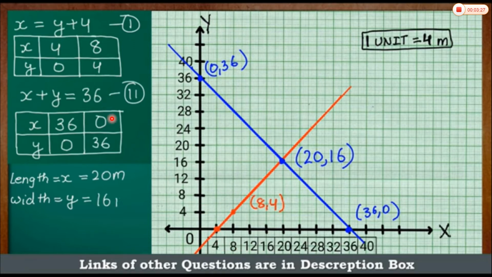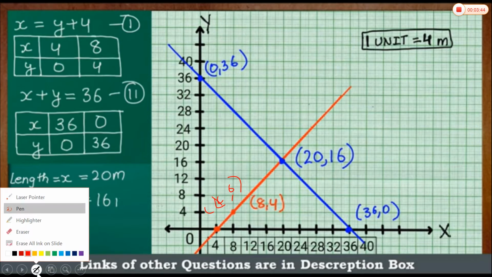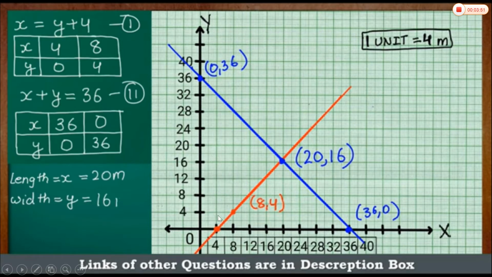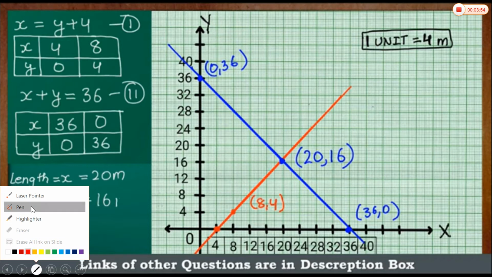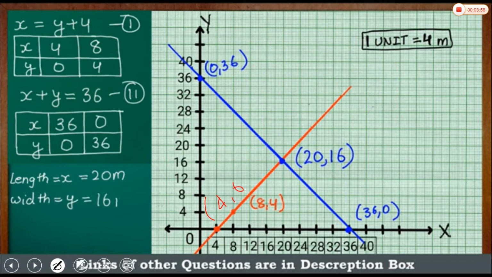So here is (4, 0), and then (8, 4). So here is x equal to 8 and y equal to 4. Join these points and we get a straight line.